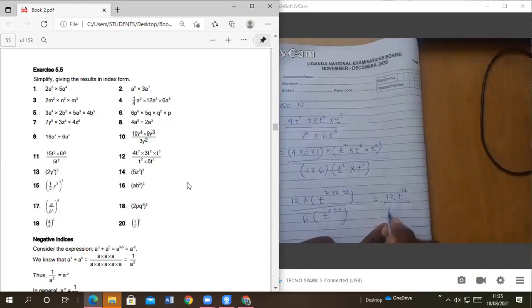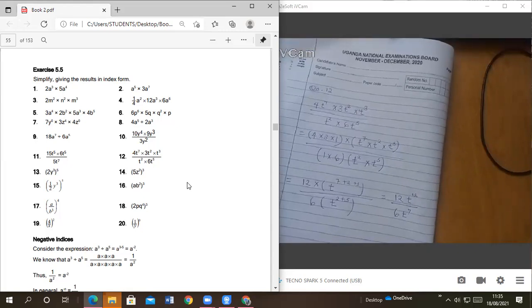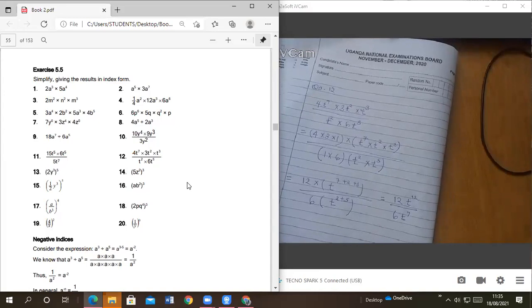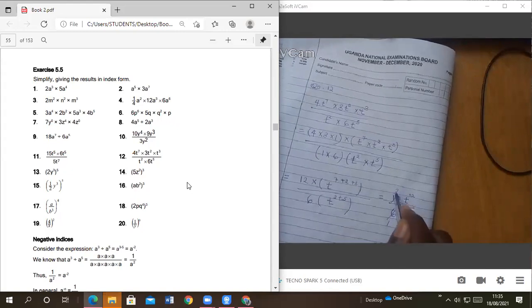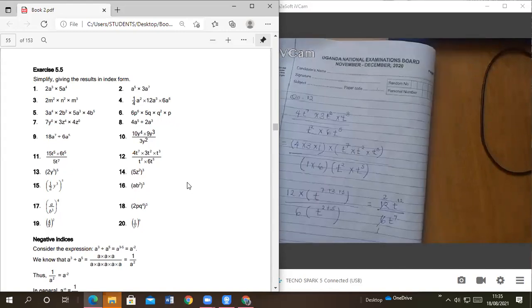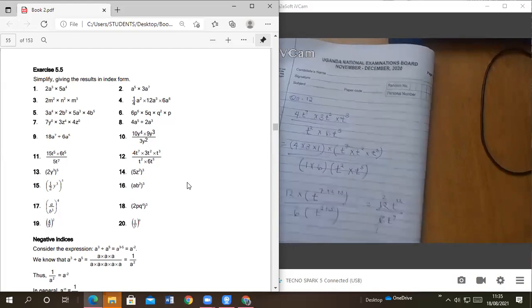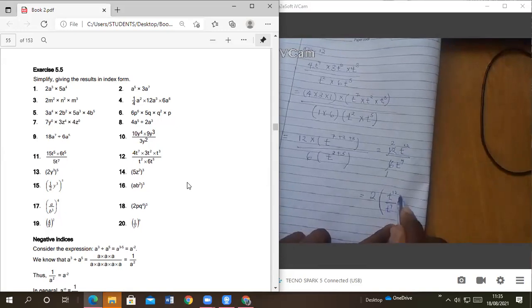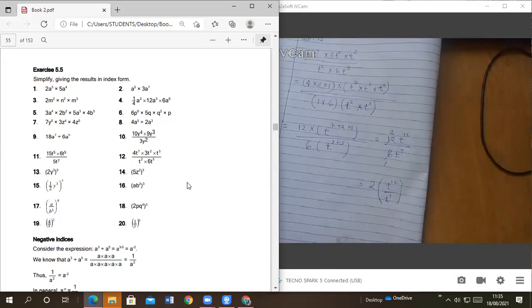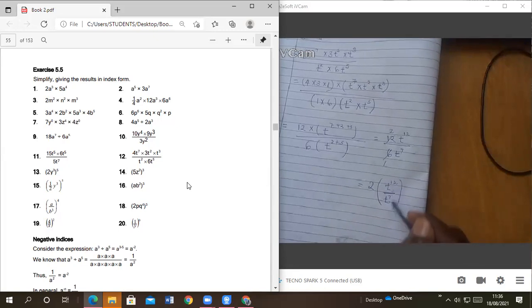Then 6 t to the power 7. The numbers we divide normally: 12 by 6 is 2. So we remain with 2 into t to the power 12 divided by t to the power 7. Now we have the same base and we are dividing.